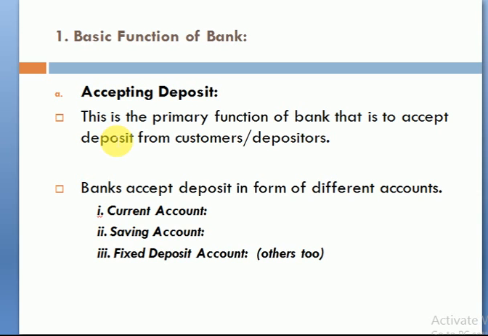The second one is the saving account. The aim of this account, dear students, is to encourage and mobilize the savings of people. A saving account is generally opened by a person of small income, like me and you. The banks pay interest on this type of deposit.